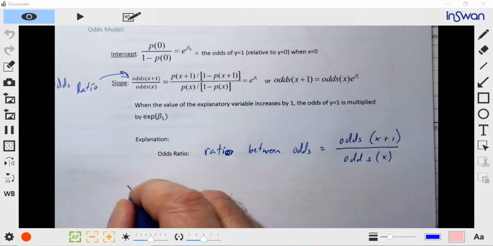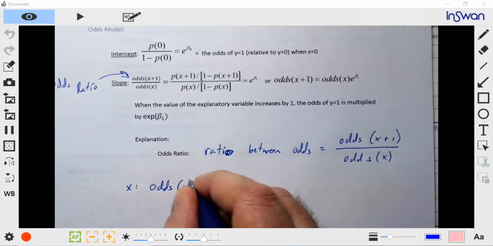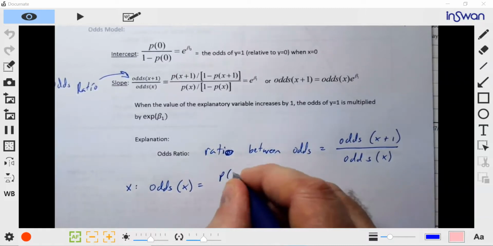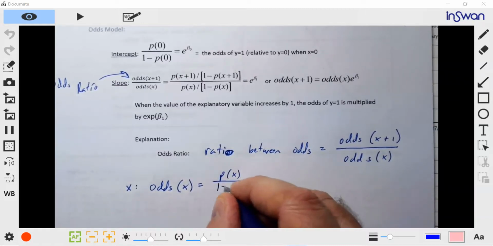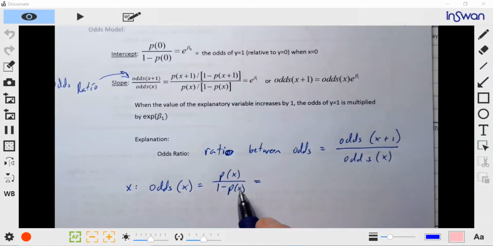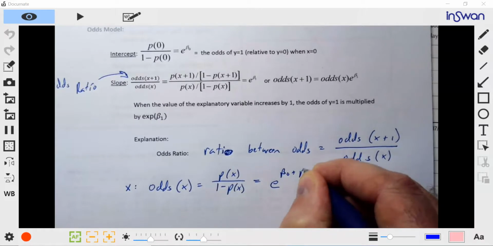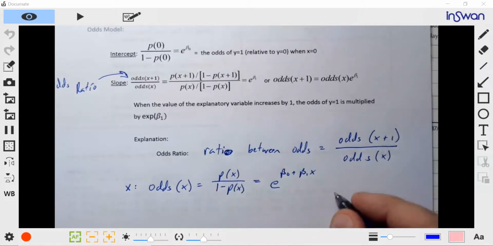So let's write this out. If we have x, the odds at x, remember, is p of x over 1 minus p of x. Remember that to get to the odds scale, we can just exponentiate the linear function. So that's e to the beta 0 plus beta 1 times x.